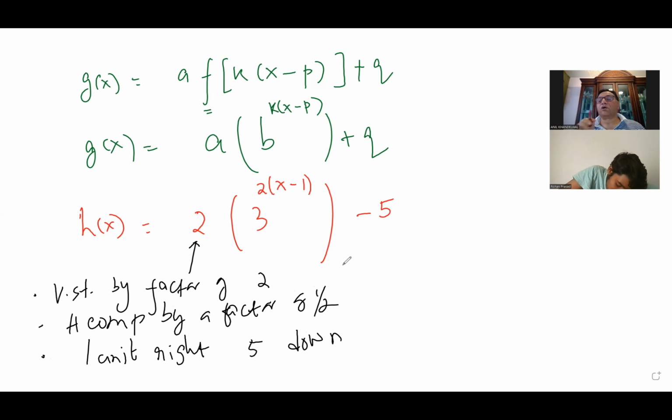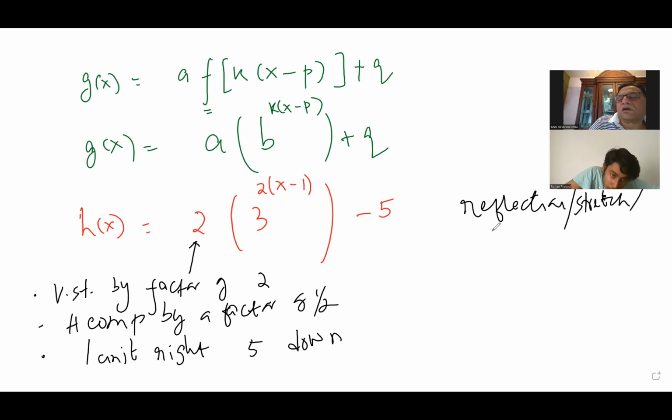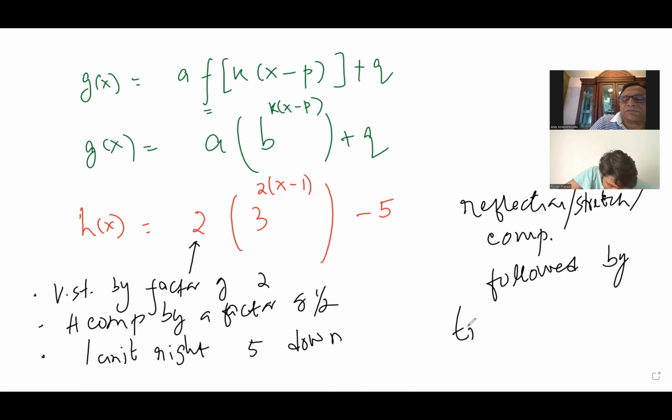The only thing is that your order was not correct. Your order should always be correct when you explain the transformations, okay? Yes, sir. Multiplications or products should be followed by translations. So reflections, stretches, or compressions, followed by translations.